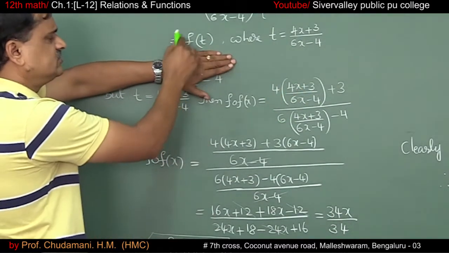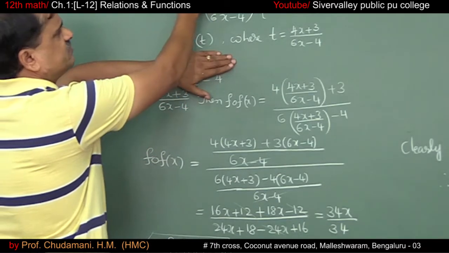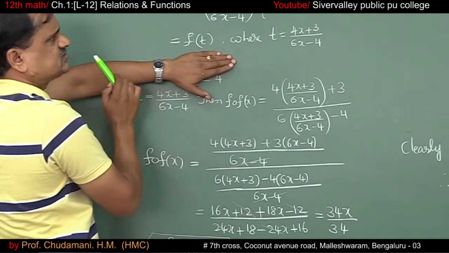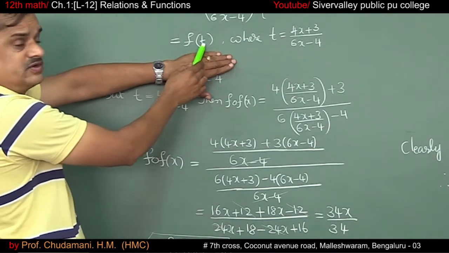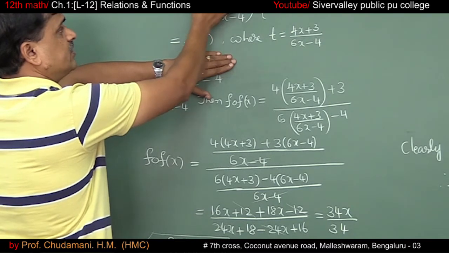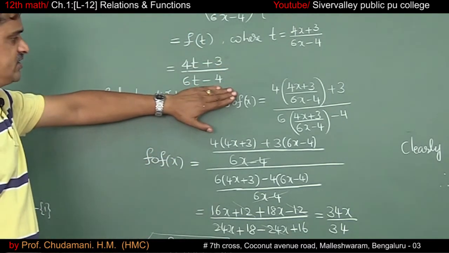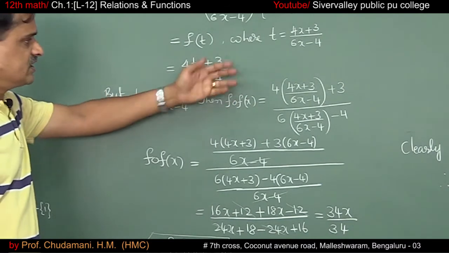Now observe, this is just like f of x. f of x means 4x plus 3 by 6x minus 4. f of t means 4t plus 3 divided by 6t minus 4.